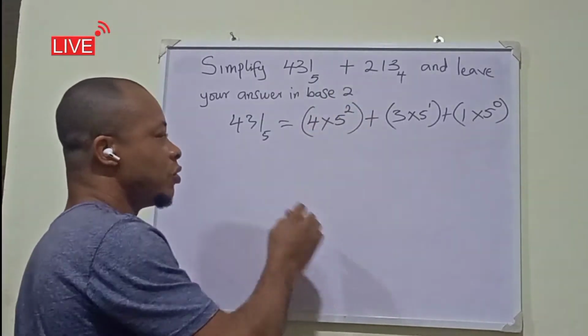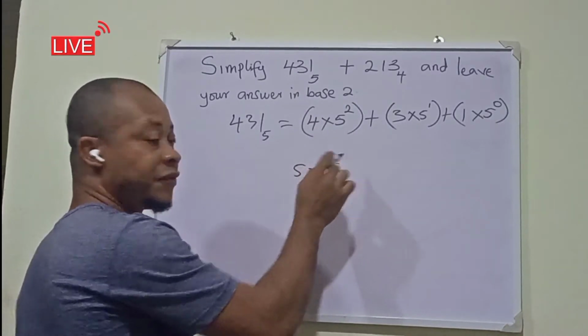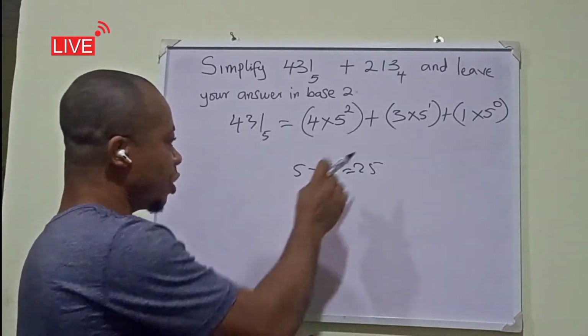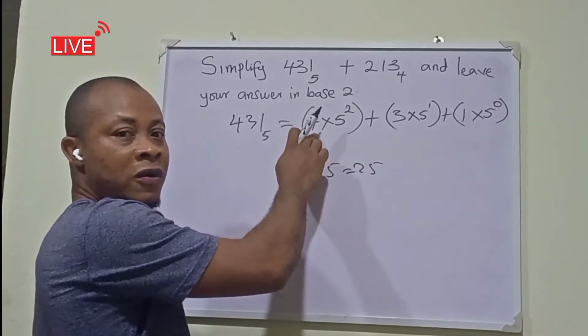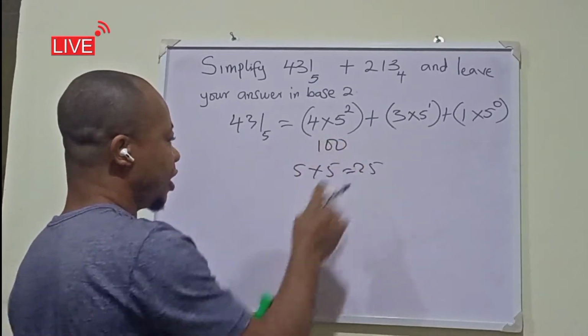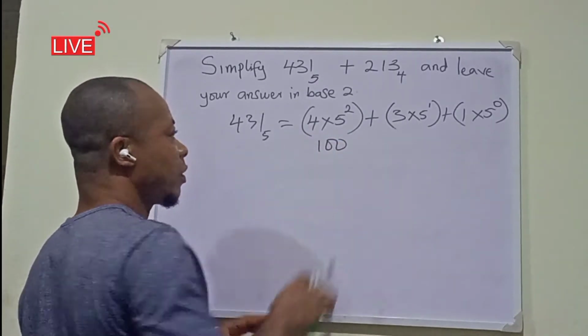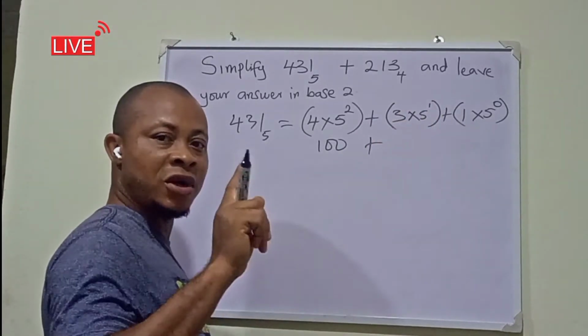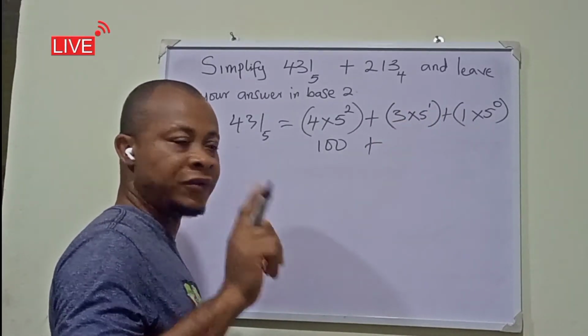5 raised to power 2 means 5 times 5, which is 25. Now 25 multiplied by 4 will give you 100. That means you have 100 here. Plus 5 raised to power 1 means only a single 5.